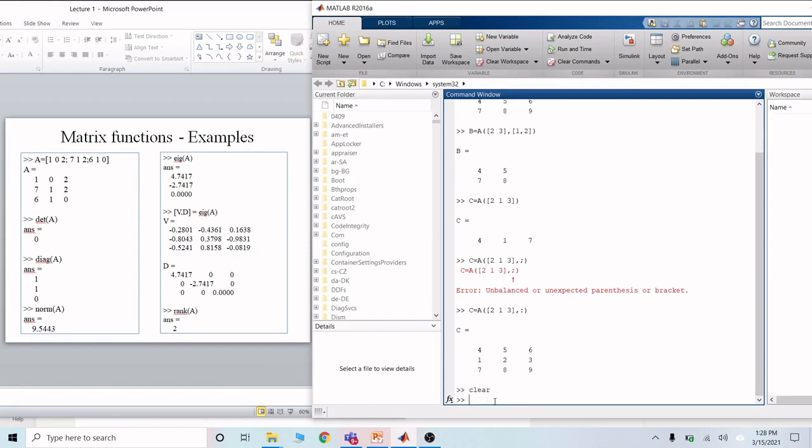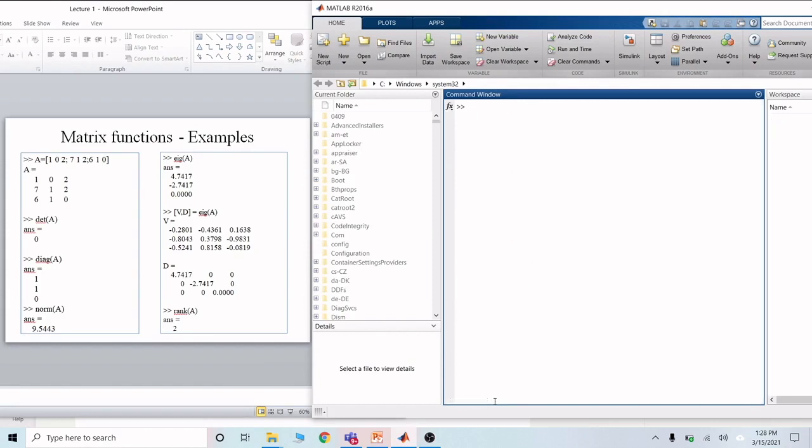CLEAR, CLC. Okay, write A equals 1 0 2 semicolon 7 1 2 semicolon 6 1 0. The matrix is 1 0 2, 7 1 2, 6 1 0.